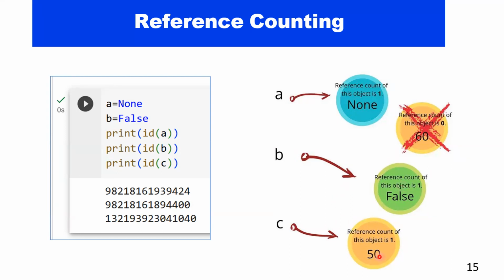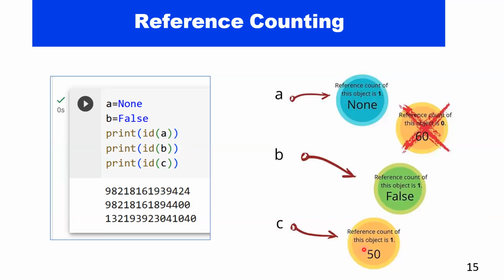In this case, the reference count of this object, which was earlier 3, as we have seen in the previous slide, the reference count of 50 was 3. Since A and B values have been modified, now they are referring to different objects. So the reference count of this object has now changed to 1 because only one variable, C, is referring to this object now.